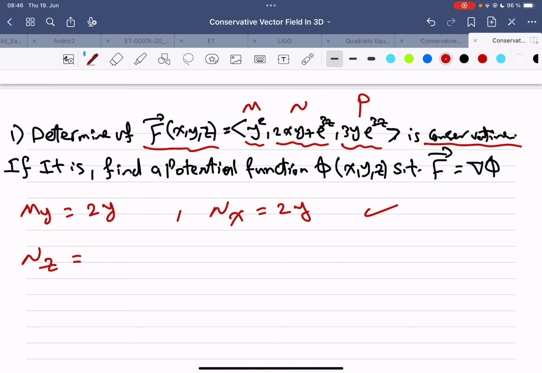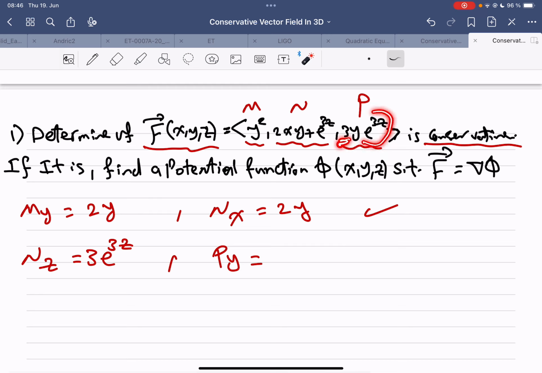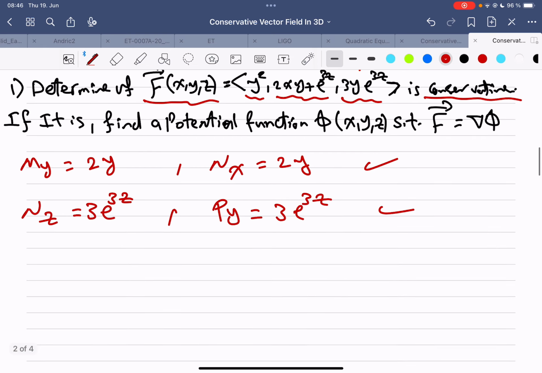Py equal, differentiated with respect to y, 3 is constant, e to the power 3z is constant with respect to y, so this will be 1, so it will be 3e to the power 3z. So this is also true.